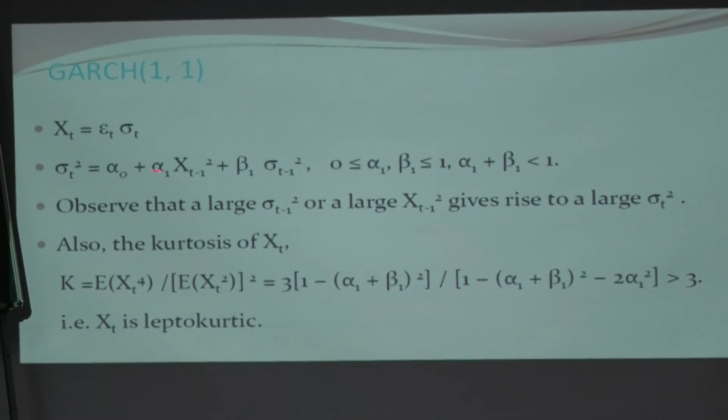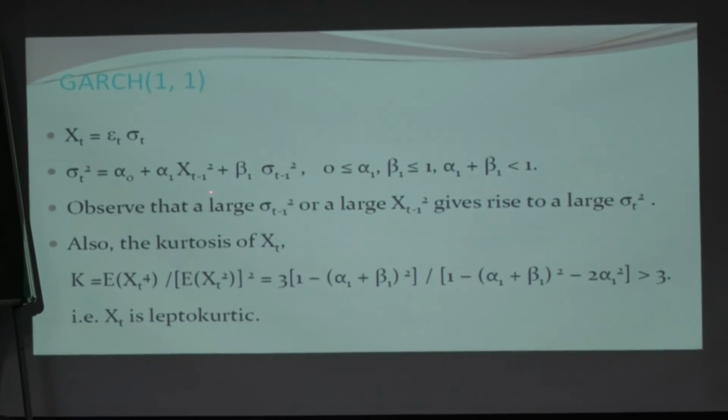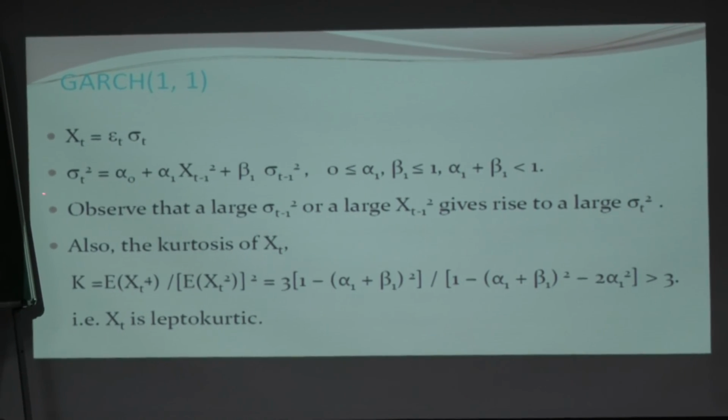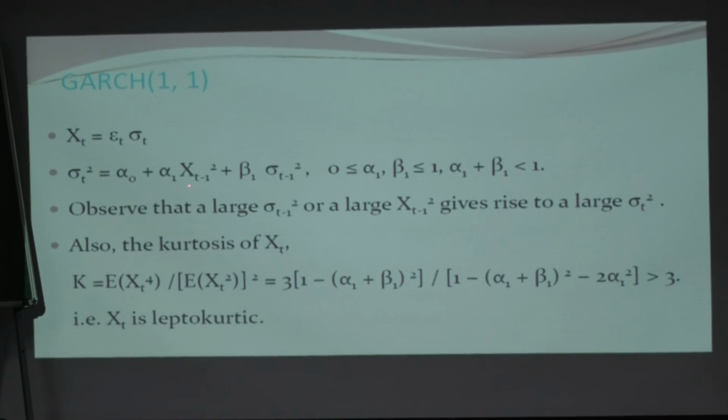Okay, I said that if the last value is large, then you can expect a large sigma t now. Okay, a large value is not large, but the large variance was large. Even then you get a large one. So if yesterday was a large value, or if yesterday was volatile, but the value came out to be not normal, today you can expect volatility again, because yesterday was volatile, today it's likely to be volatile.